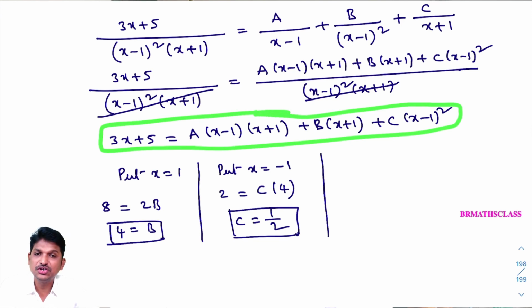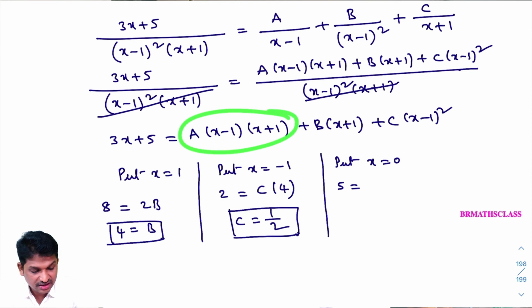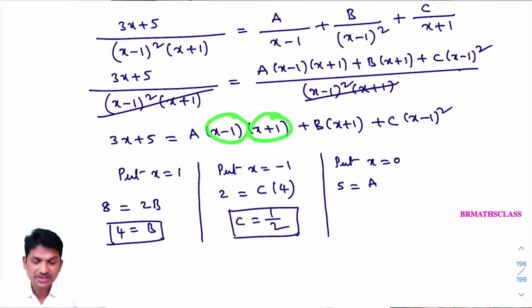When I put x equal to 0 in this, I'll get an equation in terms of ABC. First thing, put x equal to 0 in this. Okay. When I put x equal to 0, 3 into 0, 0 plus 5, 5. I'll get 5 left hand side equal to. Put x equal to 0 here. A into put x equal to 0. 0 minus 1 minus 1. 0 plus 1 plus 1.